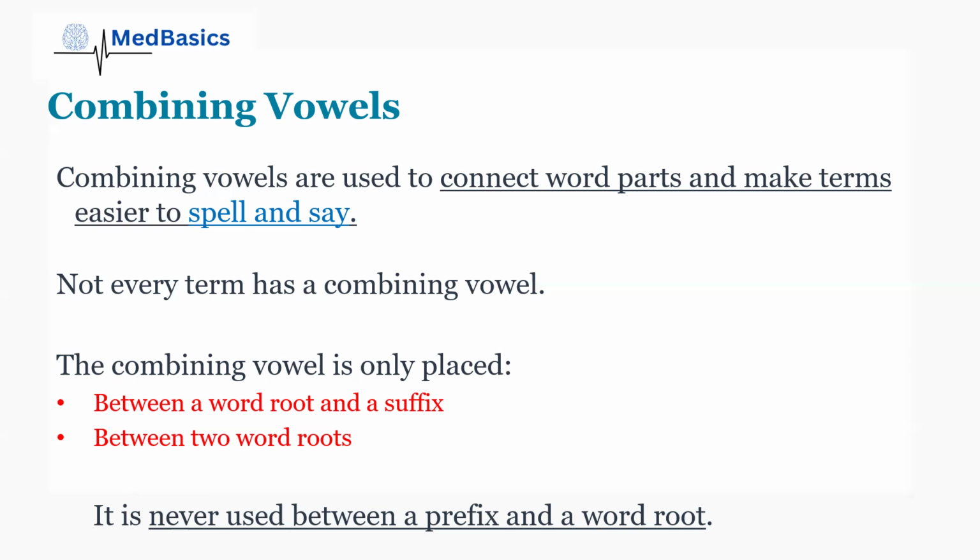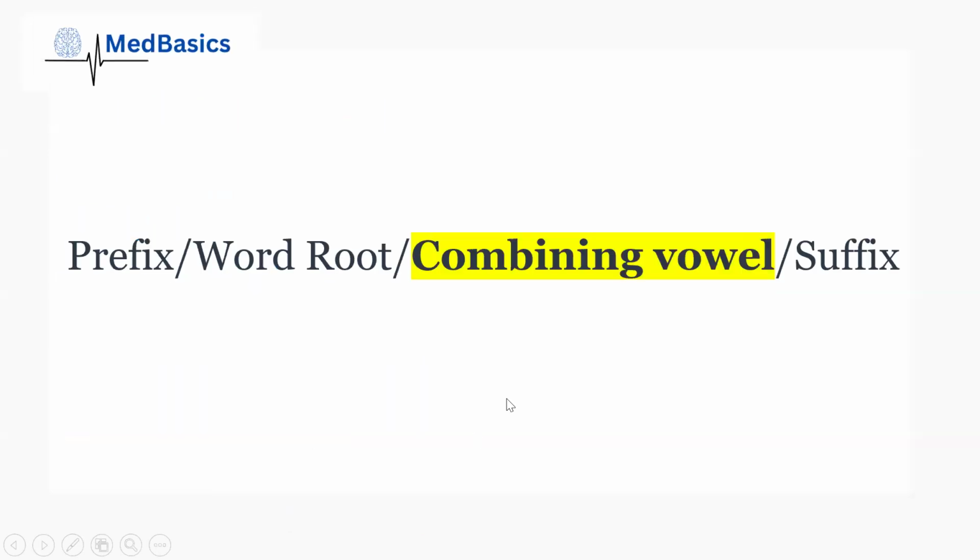You have to remember these two rules: combining vowels can be placed between word root and suffix, and between two word roots. But be clear, we cannot use a combining vowel between prefix and word root.